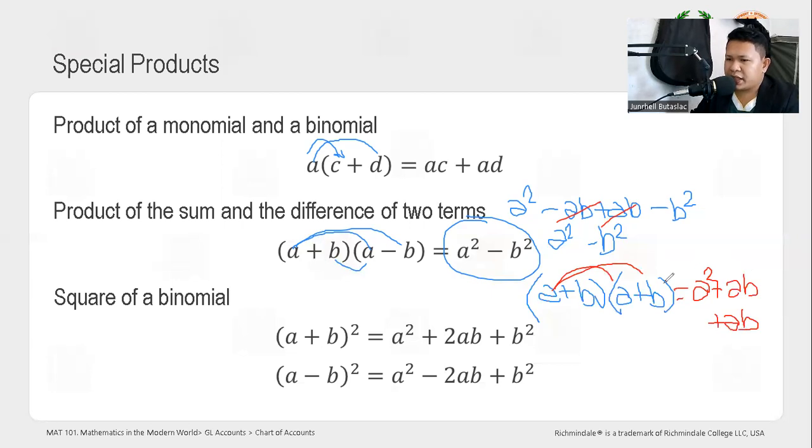Then b times b is b squared. Now we have to add everything together. Bring down the a squared. Then ab plus ab is 2ab.